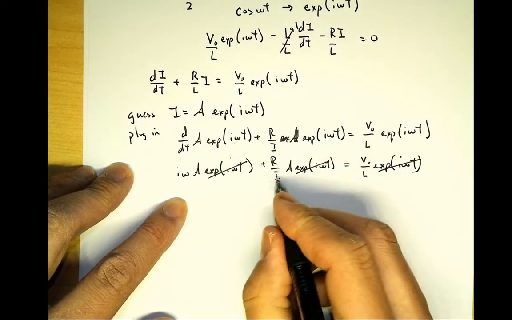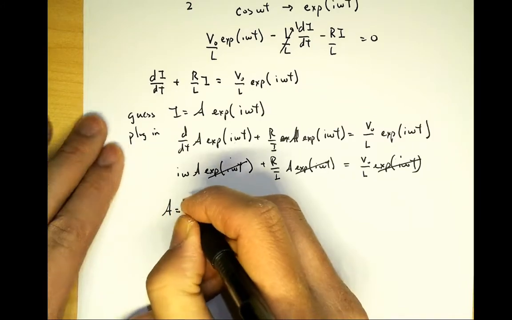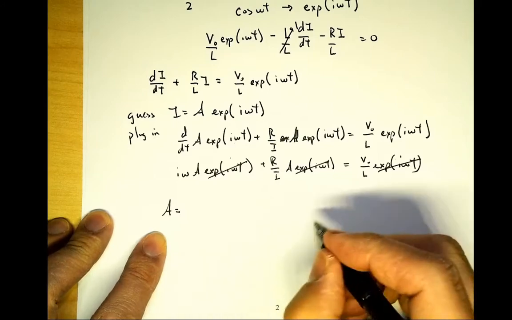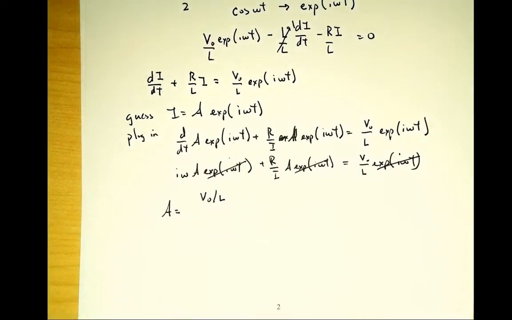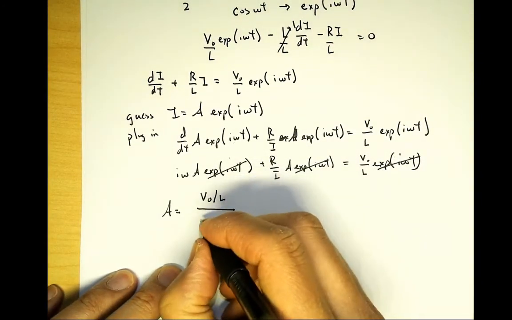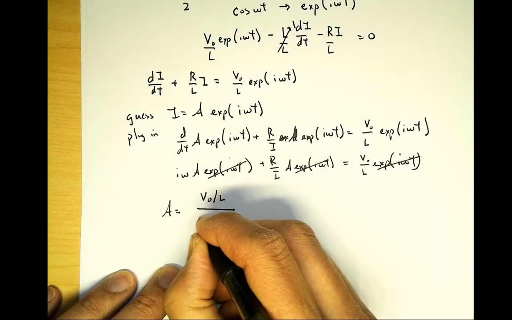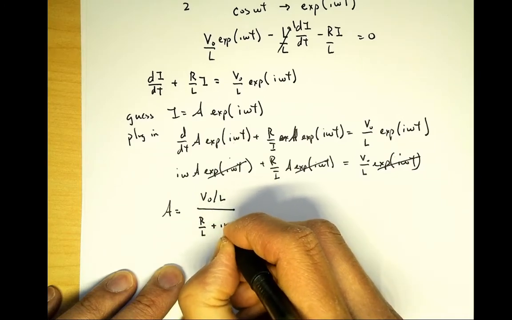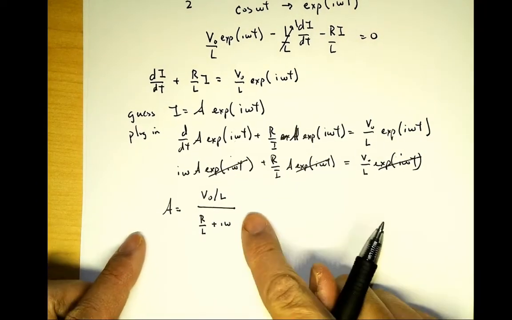And now we can solve for A. A is going to be equal to V0 over L divided by R over L plus I omega. Okay, so that's our answer there.